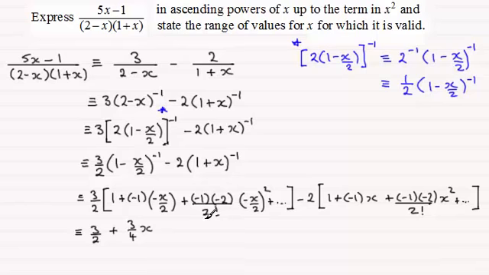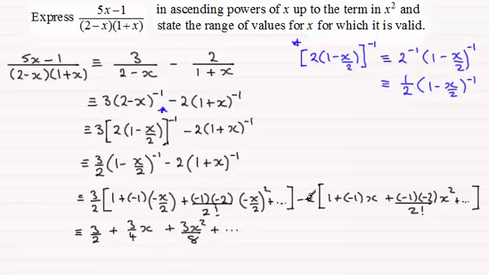For this one, 2 factorial is 2, and that's going to cancel out with this. So we're just left with minus x over 2 all squared, and if you square that, that's going to be plus x squared over 4. Multiply it with the 3 over 2, and you're going to end up with plus 3x squared over 8. And there'll be other terms as well, plus and so on.